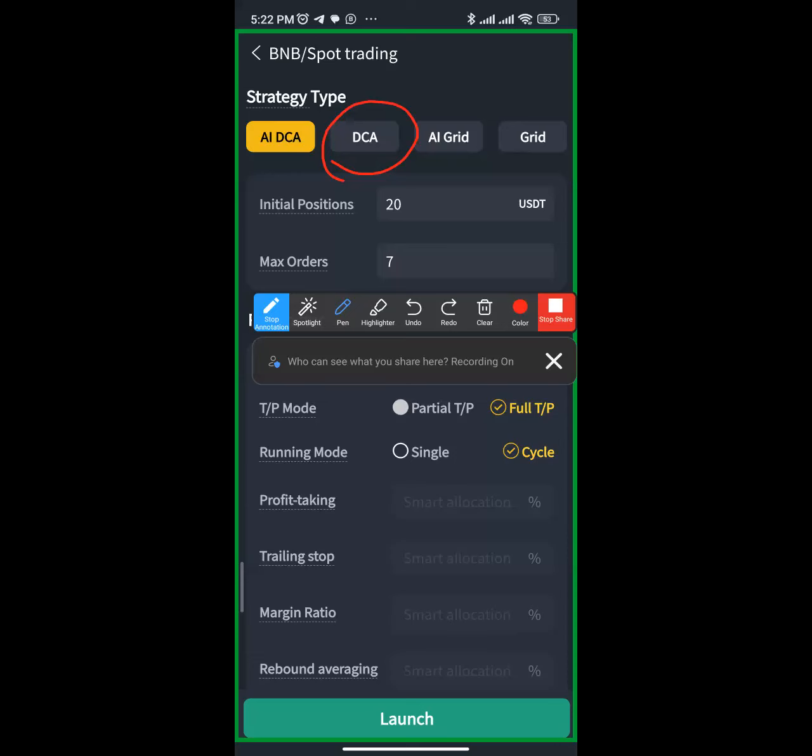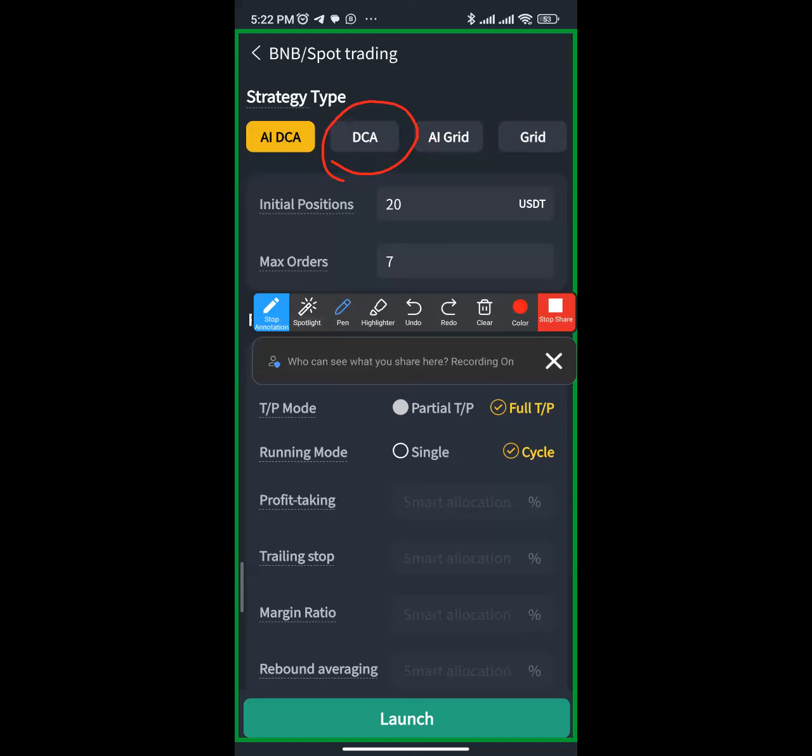For example, if I have $3,000, I can decide to put $1,000 on the AI grid, trading Bitcoin and Ethereum, and use the remaining to do a 50-50. I have $3,000.